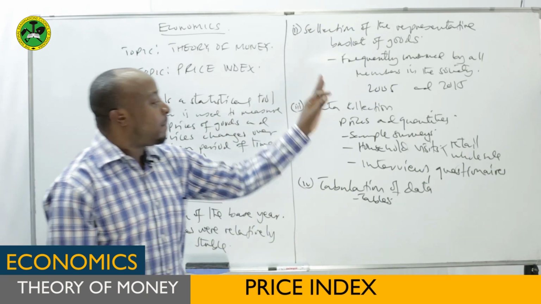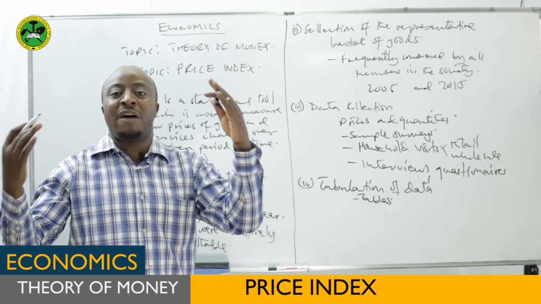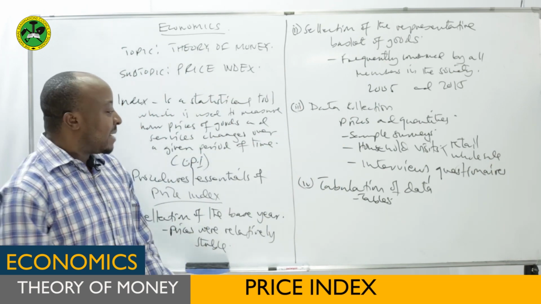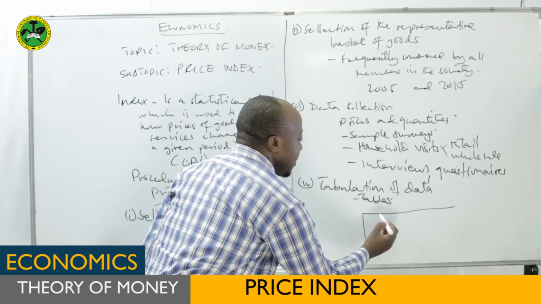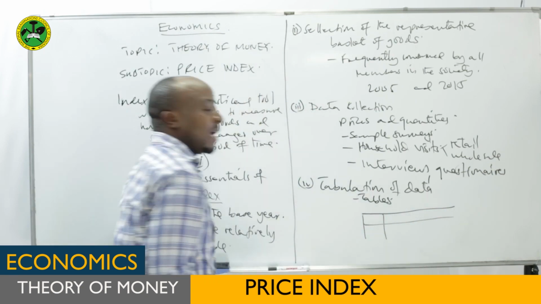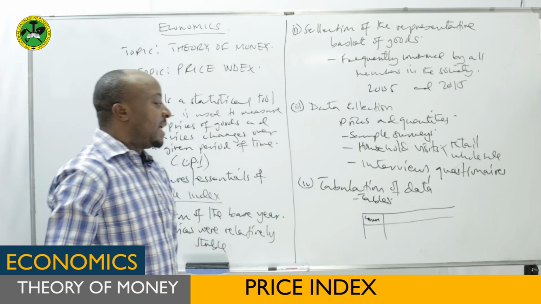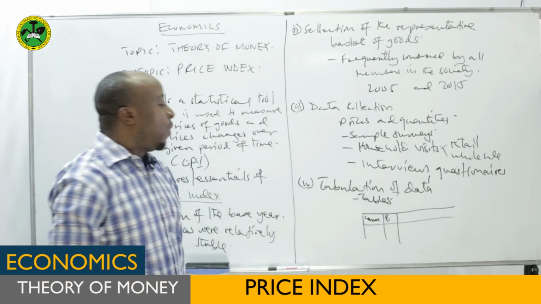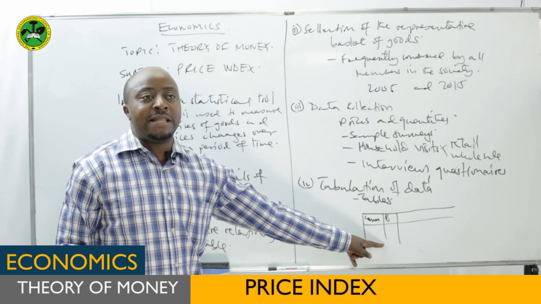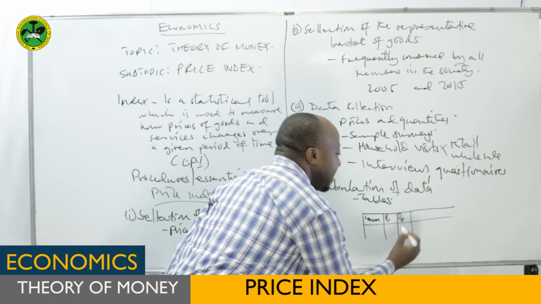That means the prices and the quantities which were gathered, now you have to put them in the form of tables. The table can appear maybe like this one. The first column can be for commodities. Then the second one is PO, where PO represents the price in the base year. Then we'll have PN.